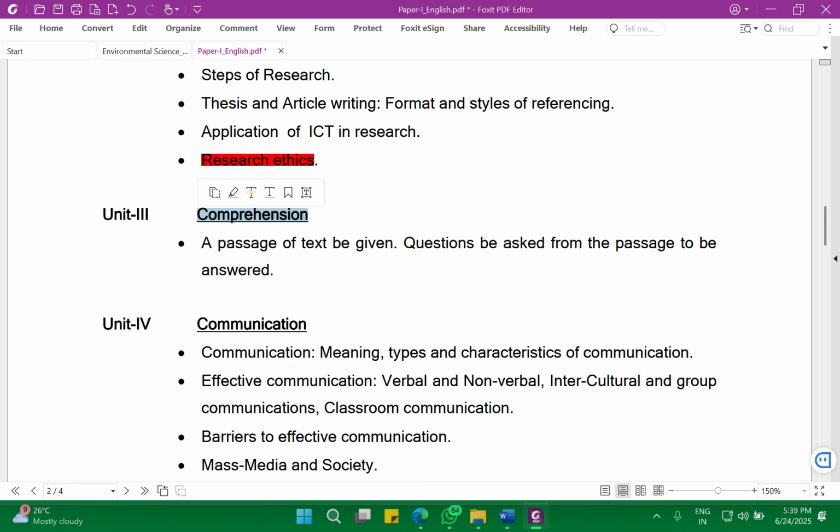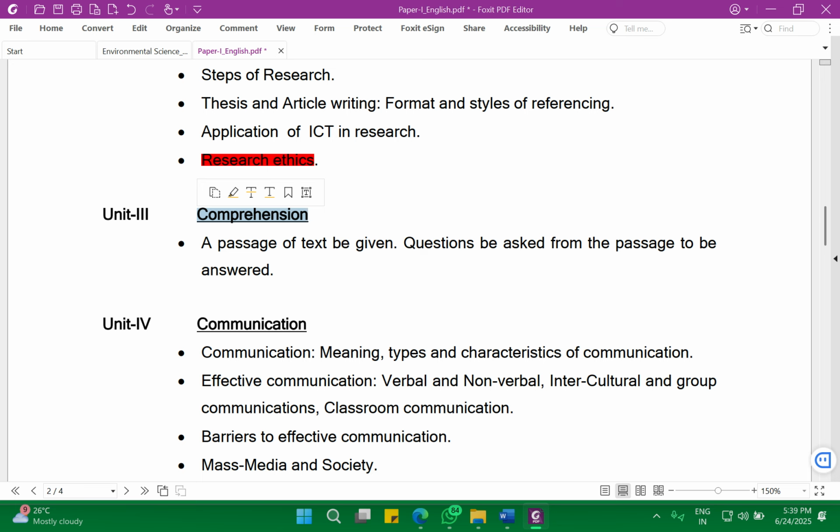If you get 40 marks in paper 1, even though you are getting less marks in paper 2, it will make a difference, because most of the people used to focus on paper 2 as the subject is environmental science. Most of the environmental science students may write this exam, and even the students who are from environmental science background may feel it tough in their own part, that is paper 2.